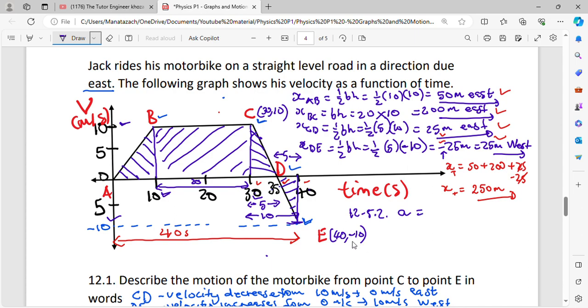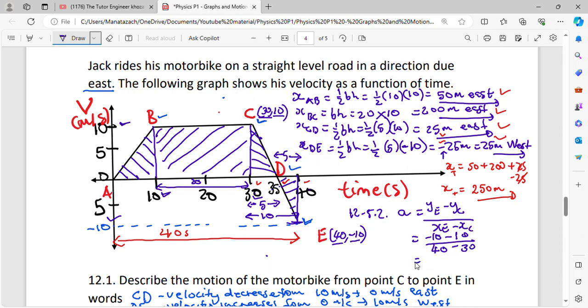The equation of the slope is y at point E minus y at point C divided by x at point E minus x at point C. Y at E is minus 10, y at C is 10, divided by x at E, 40, minus x at C, 30.